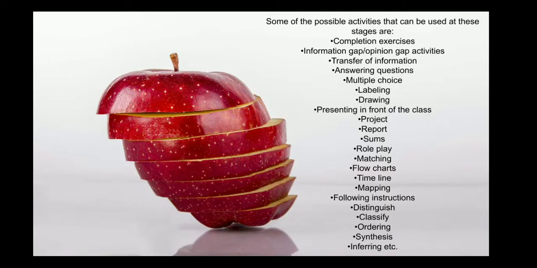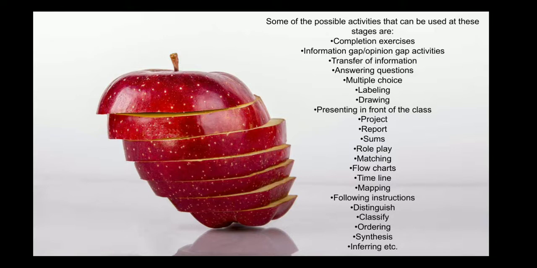Here is my list. Some of the possible activities that can be used at these stages are completion exercises, information gap or opinion gap activities where pairs work together and half the information is given to one partner, and the other half of information is with the other partner, and they talk and discuss, they speak to each other in order to complete the information.